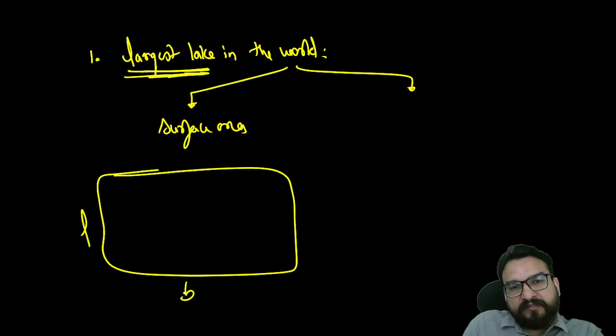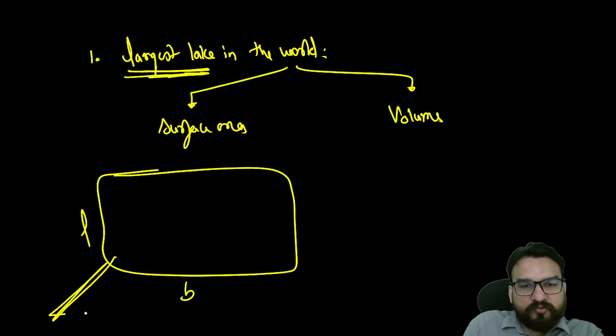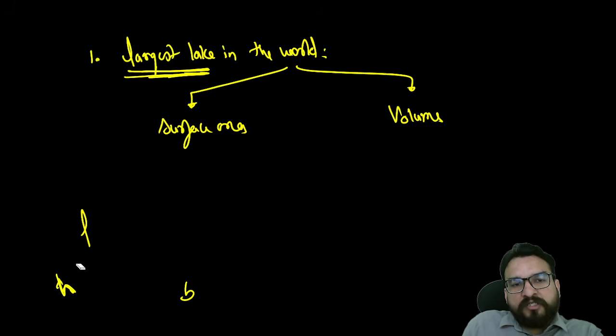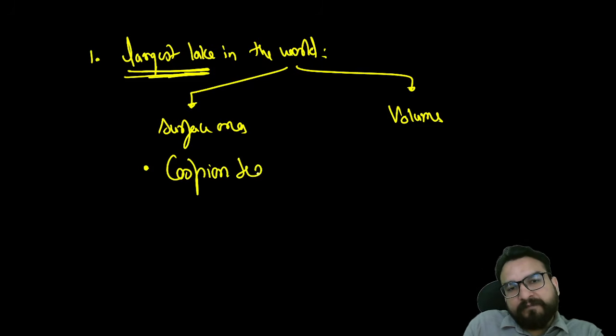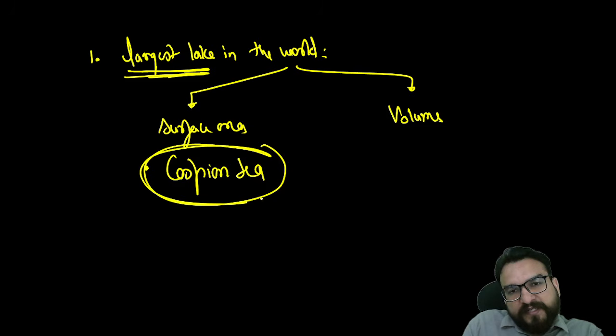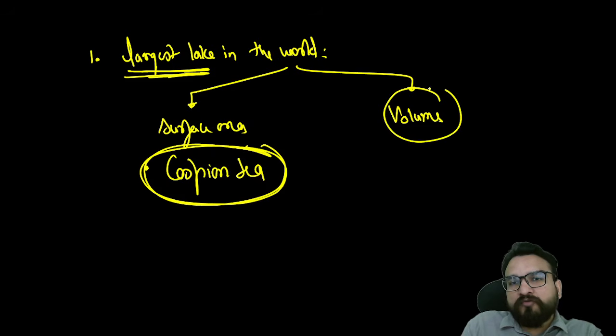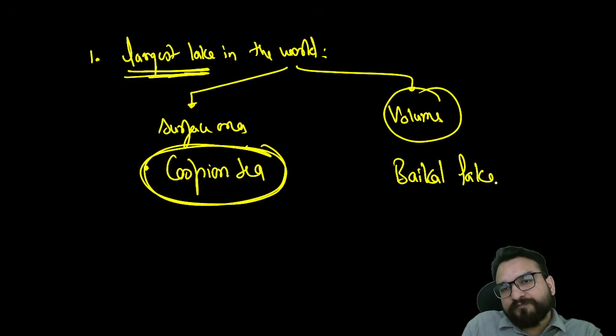Length into breadth. But by volume, I'll be including the depth too. Depth, this height will also be coming into the picture. So when I am saying world's largest lake in the world, surface area wise, that will be your Caspian Sea. But when I am saying the world's largest lake, volume wise, you will be finding it as Baikal Lake.